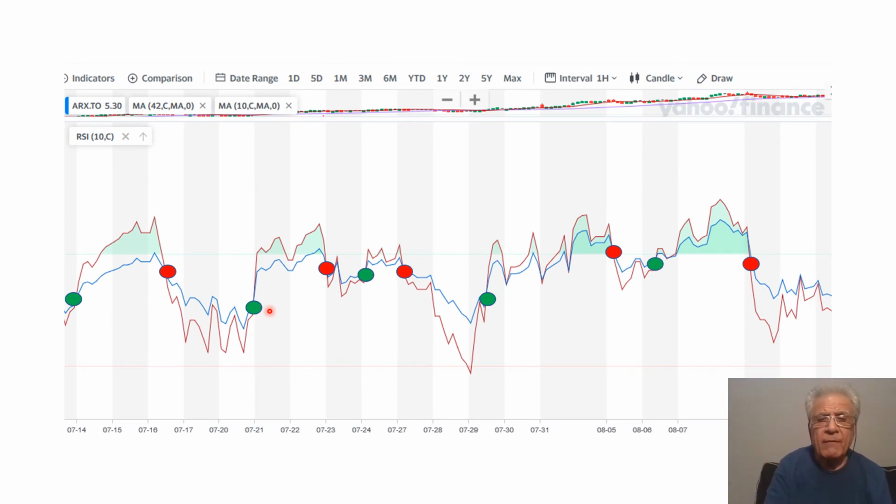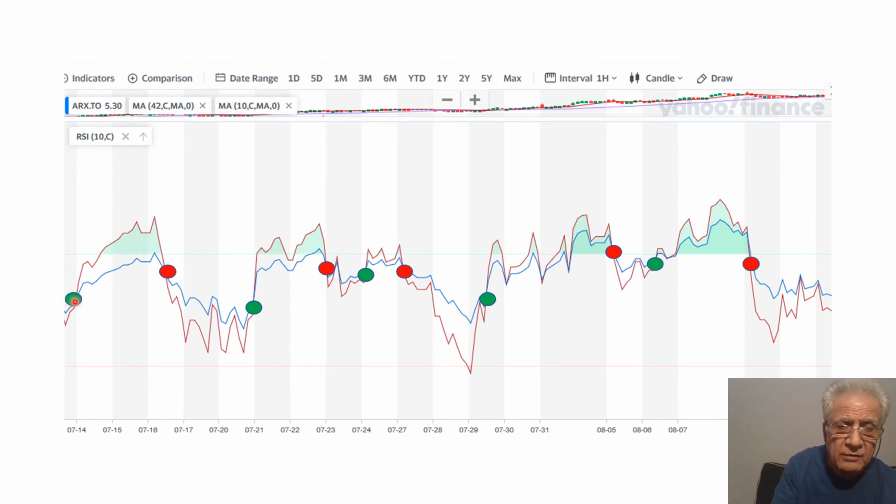Now here, those locations where the trend is upward, we have to use as entry points. So wherever the RSI 10 crosses RSI 20 while going upward, we use that as an entry point. This is the first location where RSI 10 crosses RSI 20 while going upward.